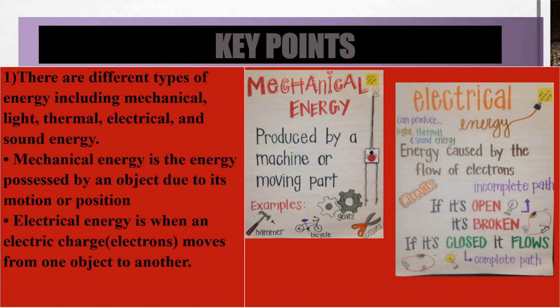The two types of energy we will learn about today are mechanical energy and electrical energy. Mechanical energy is the energy possessed by an object due to its motion or position. Electrical energy is when an electric charge, called electrons, move from one object to another.